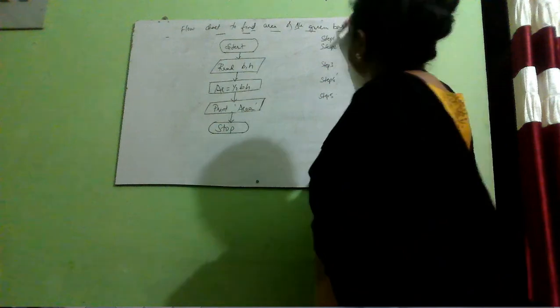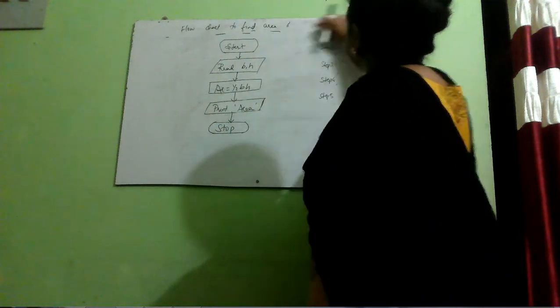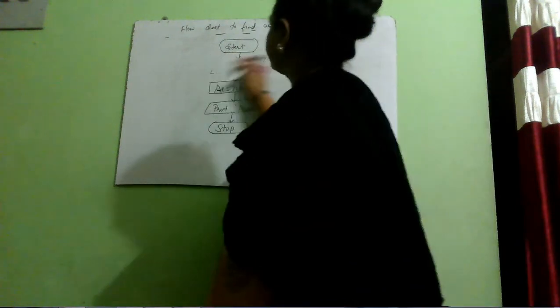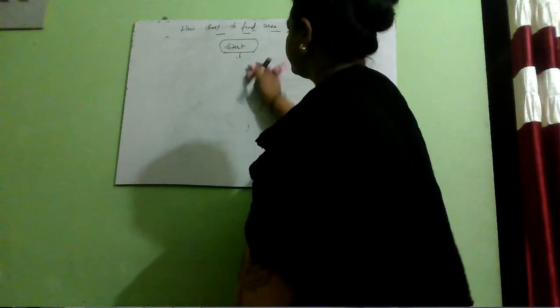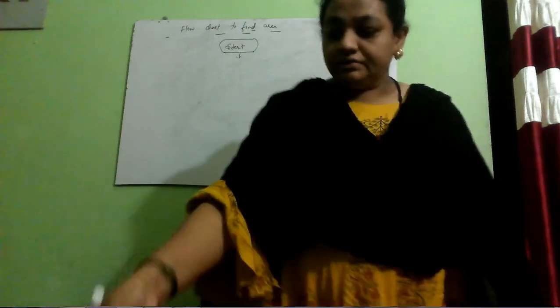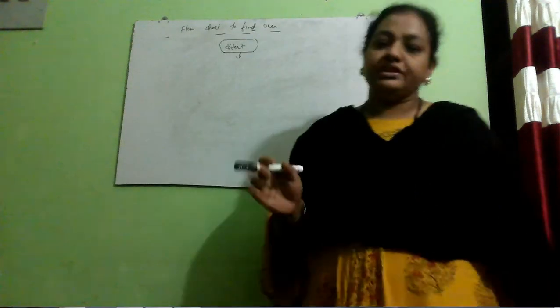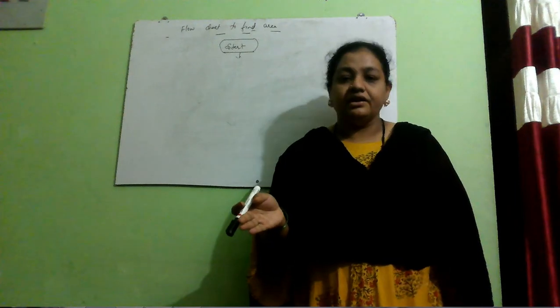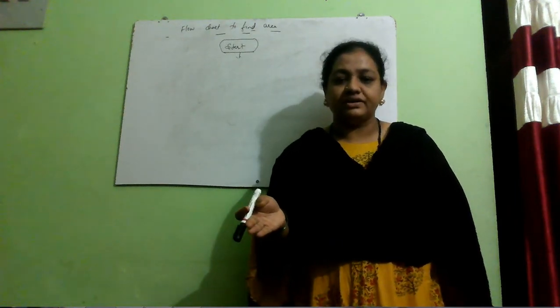The next step is output area, print area. For printing, we use a parallelogram. So we are printing area. The next step is stop.